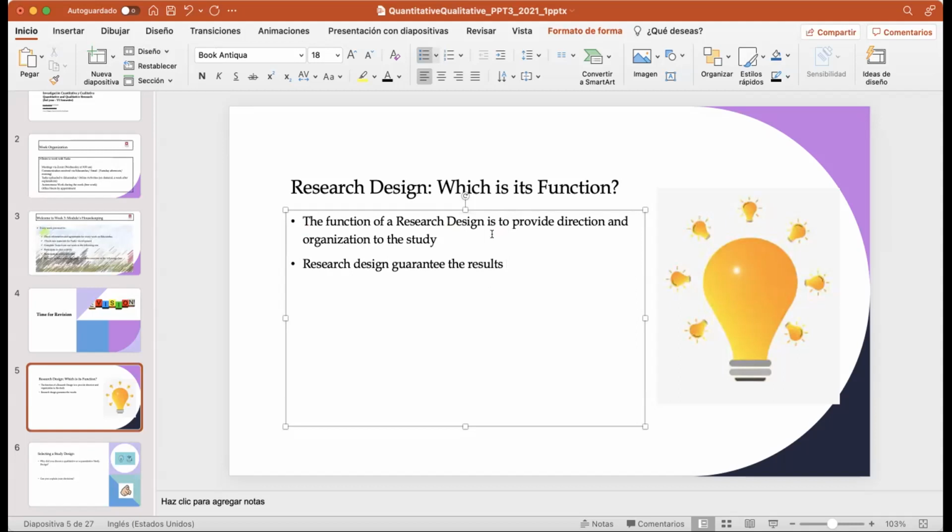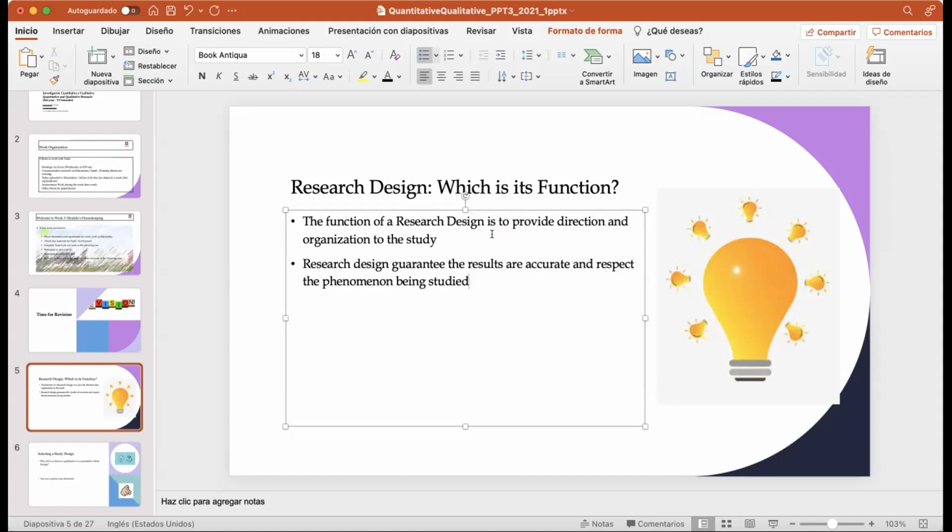So guarantee the results are accurate and respect the phenomenon being studied. Okay, so that is why we need to follow a research design.